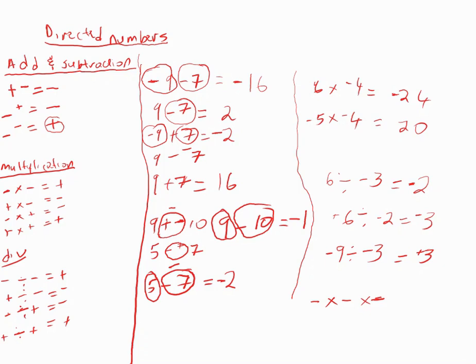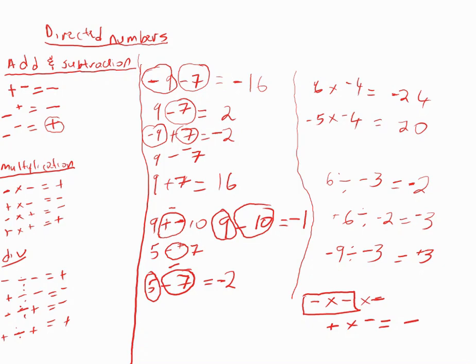But in this case, when we work with these two first, when there are two and they're the same, that is going to give us positive. So we're going to have positive multiplied by negative. This is going to give us negative.